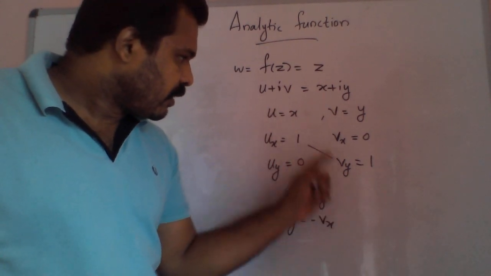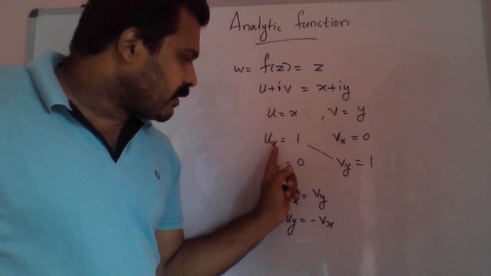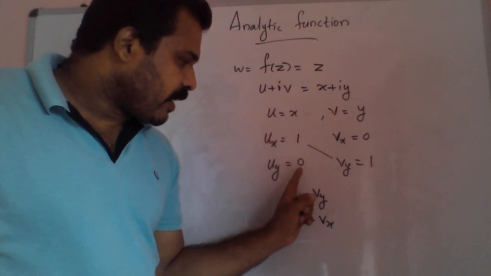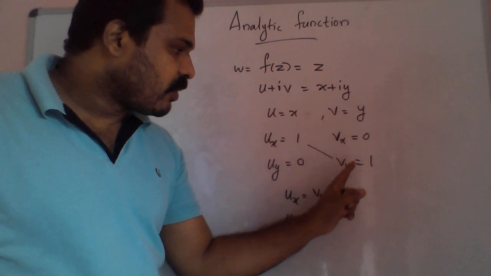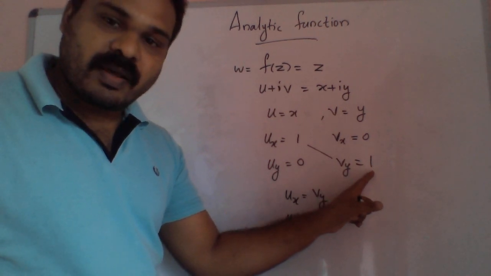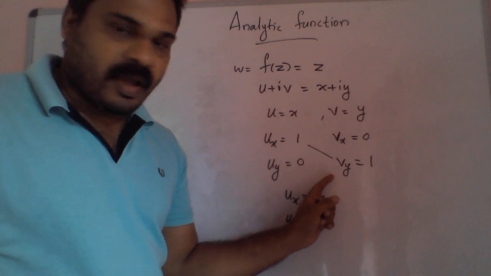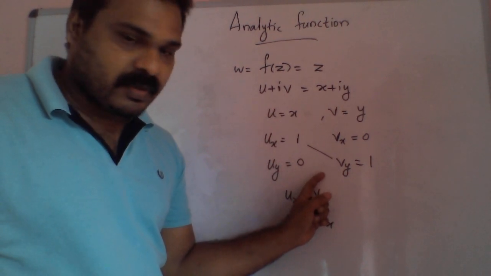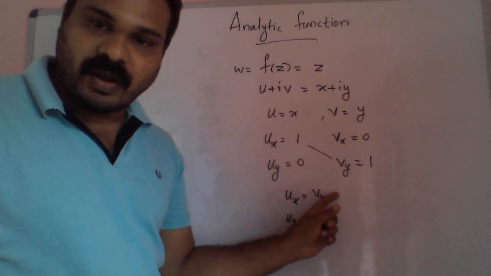Also the partial derivatives are ux equal to 1, uy equal to 0, vx equal to 0 and vy equal to 1. All are constant functions, and constant functions are continuous. So the partial derivatives are also continuous.